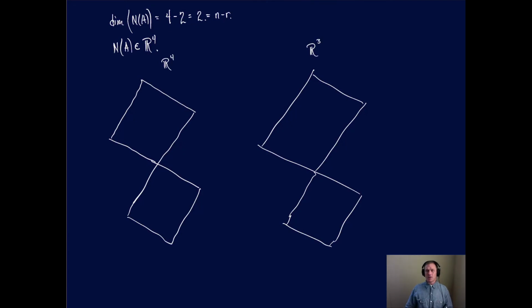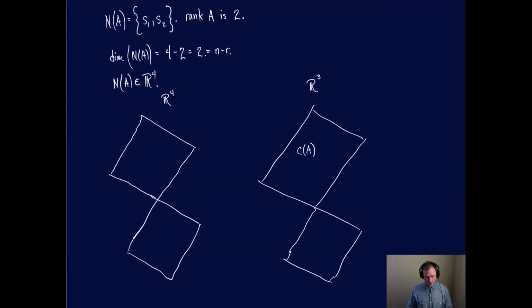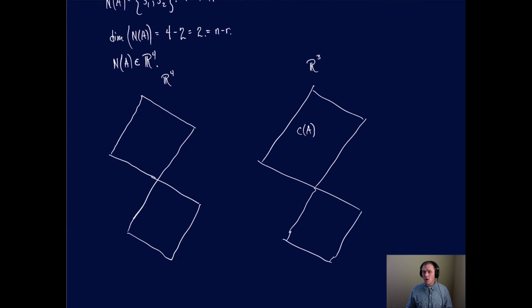Now, what do we know? What did we say? The column space of A. Well, the column space of A had, each vector had 3 components. So the column space of A, that's over here. Okay? Well, let's just look up above. Now, what about the row space of A, or in other words, the column space of A transposed?